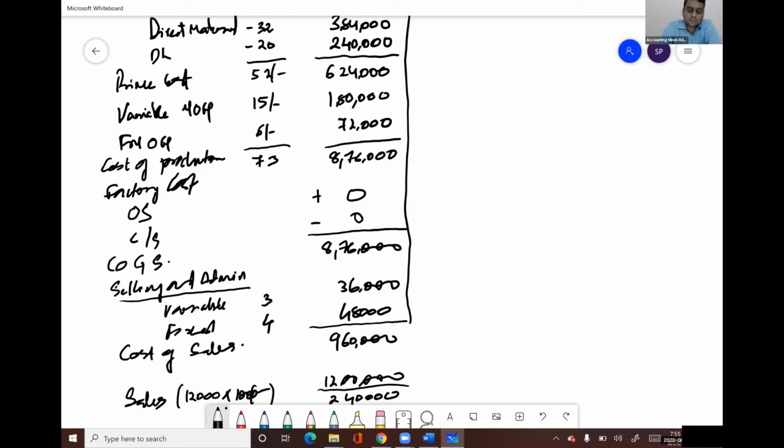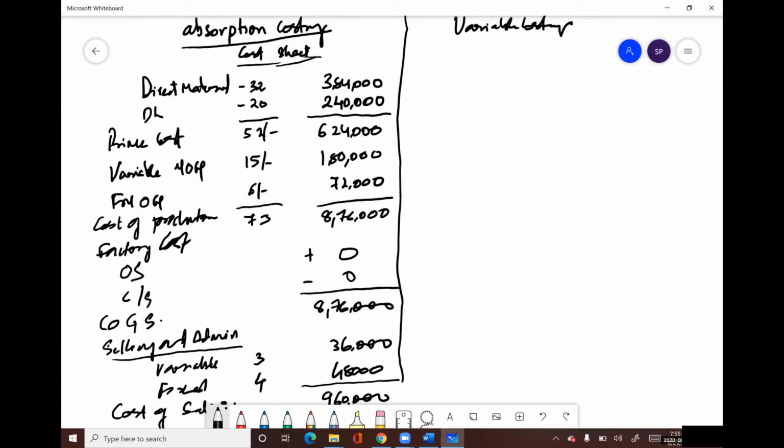Sanjana, so 41. Sir, is it 41? How 41? Direct material plus variable overheads plus fixed overheads. That's it. Getting it? Yes, sir.